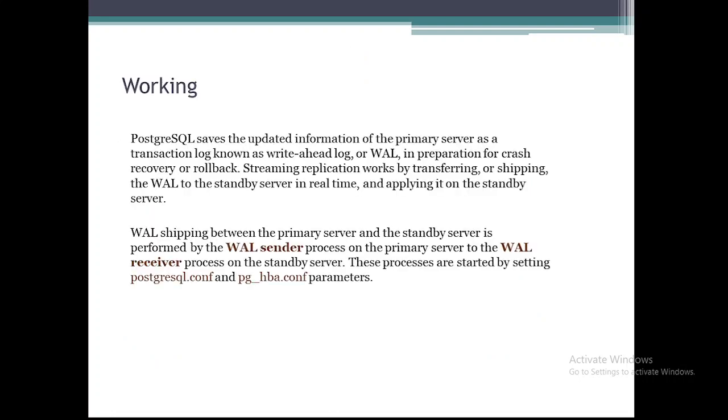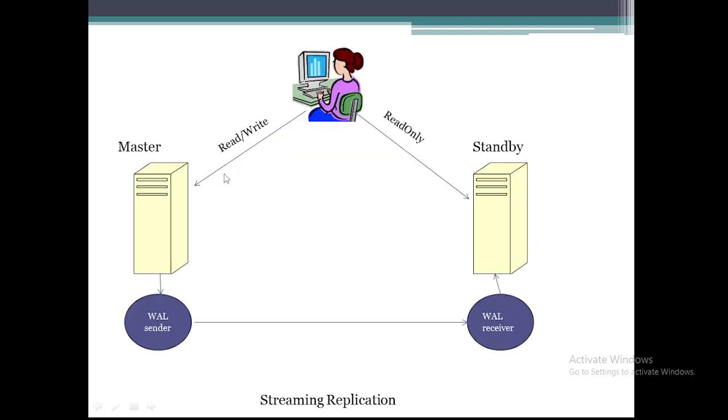So how does it work? PostgreSQL saves the updated information of the primary server as a transaction log known as write-ahead logs, or WAL logs, in preparation for crash recovery or rollback. The WAL files are prepared on the master server, and the WAL sender sends these WAL files to the receiver.